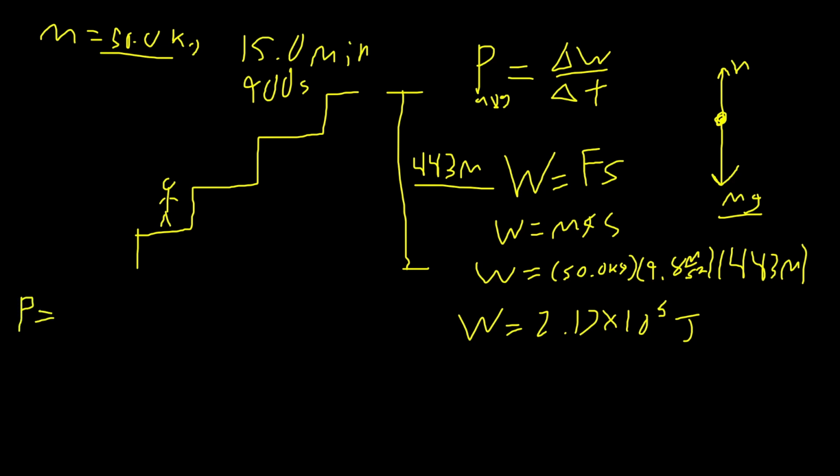So average power equals 2.17 times 10 to the power of 5 joules divided by 900 seconds, which unit-wise will give us kilograms times meters squared over seconds cubed.